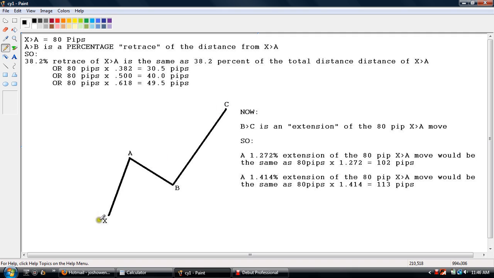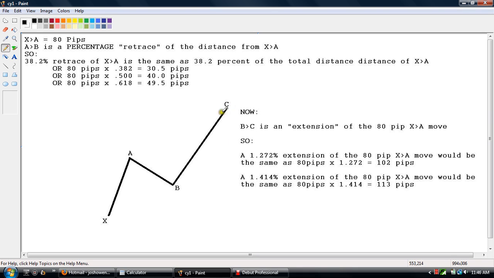And the first part that I think you need to focus on is the distance from X to A to B, and B to C. So that's 1, 2, 3 steps that are going to qualify the cipher pattern.